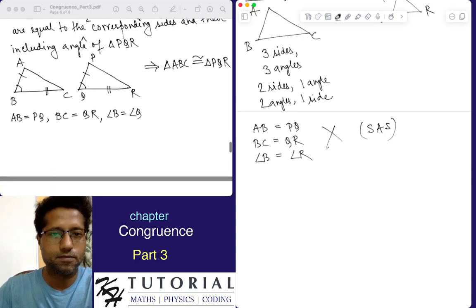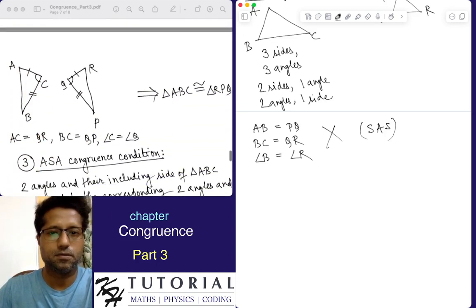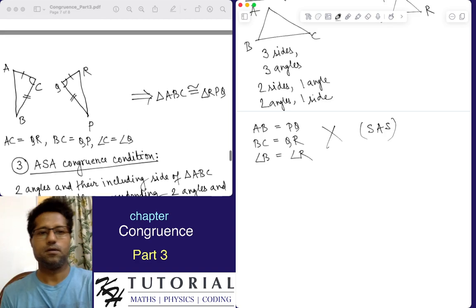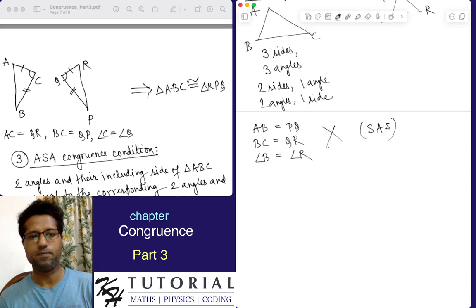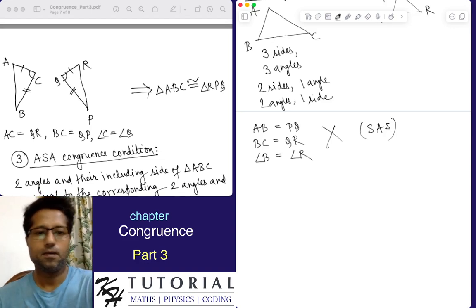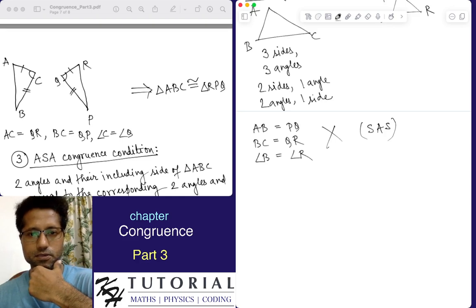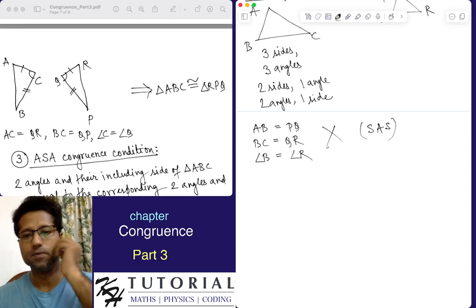As another example, in the triangle ABC, AC is equal to QR and BC is equal to QP, and the included angles are equal, that is angle C is equal to angle Q, then we will have the congruence relation, triangle ABC is congruent to triangle RPQ.